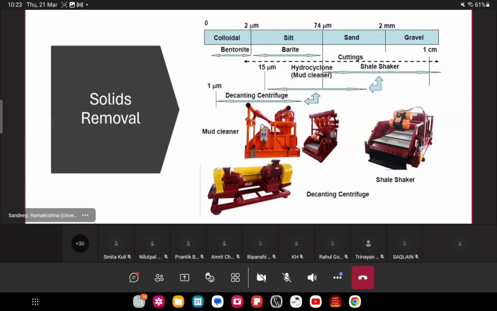In some cases, trying to clean it out as much as possible to bring the mud back to its original condition. And of course, for the seepage loss and for that spurt loss that you keep seeing, you have to keep making new mud so that you keep adding on to this.